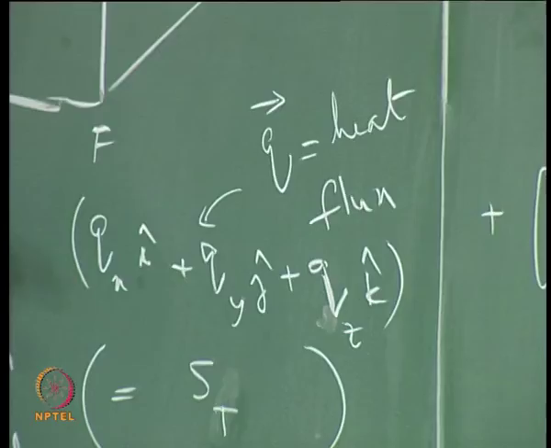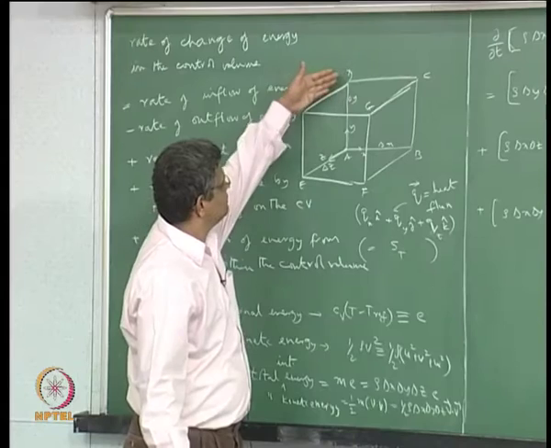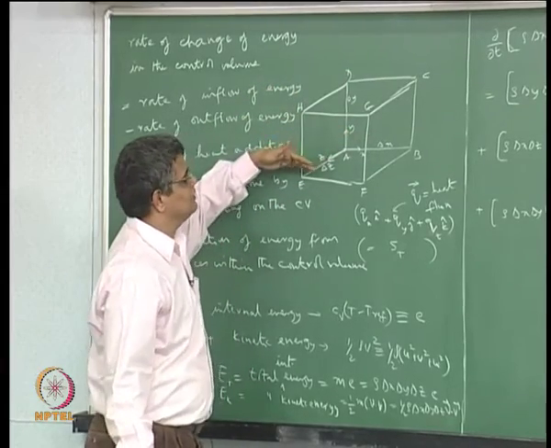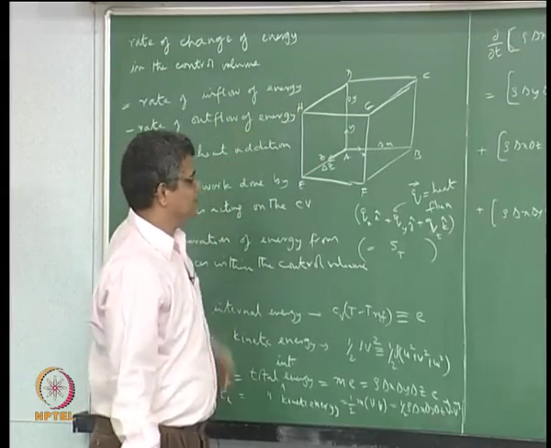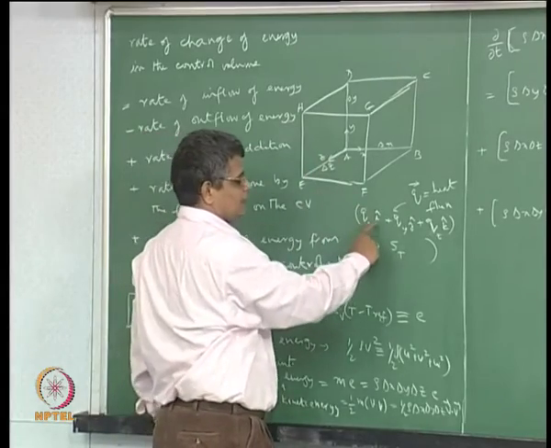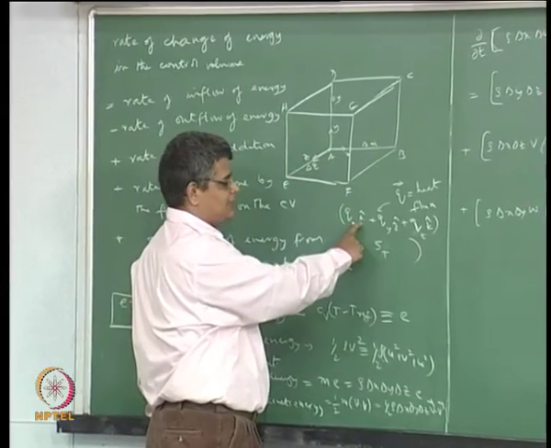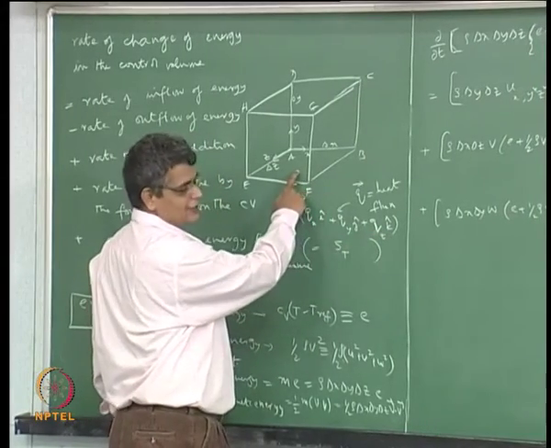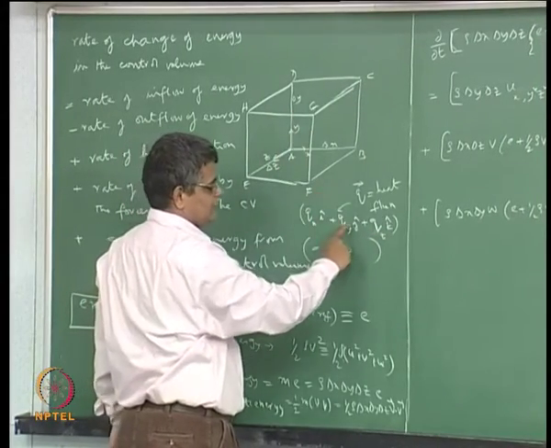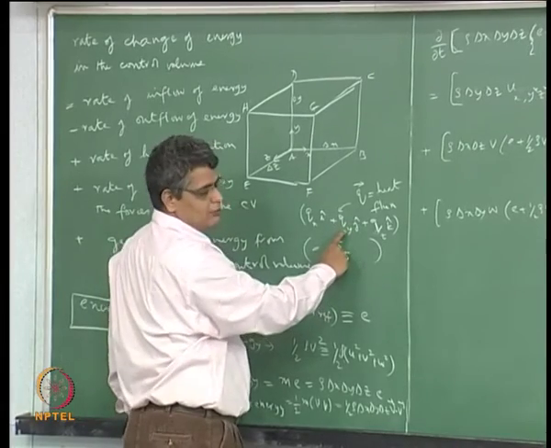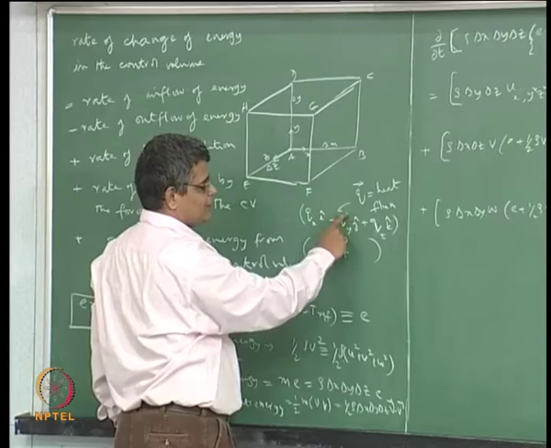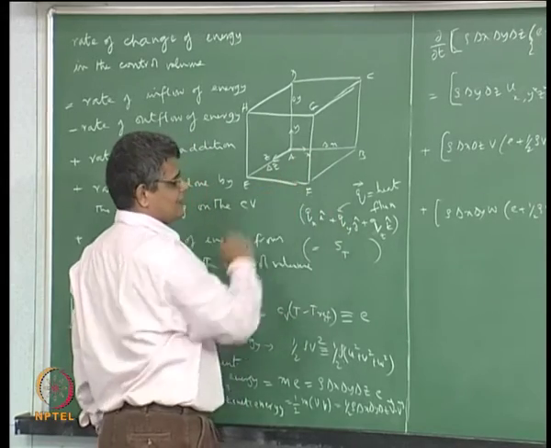And when we take the dot product, because we have taken these area faces to coincide with coordinate directions, for an x face we take the corresponding x face area, and these other things will be 0. For a y face, that is bottom face or a top face, we take only the Qy component of this heat flux vector, and multiply by the cross sectional area delta x delta z.